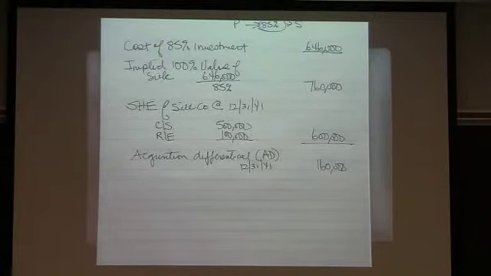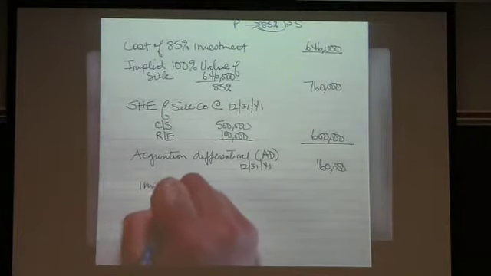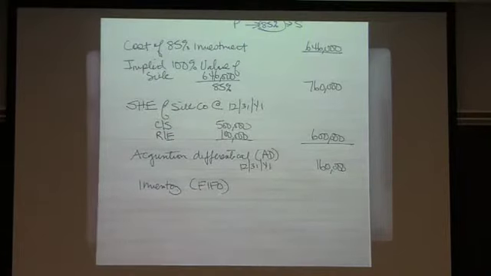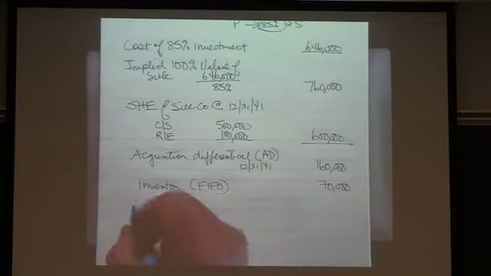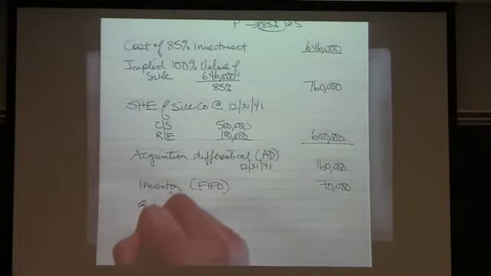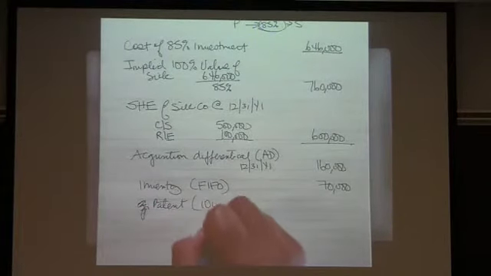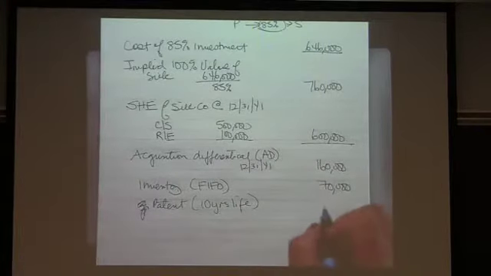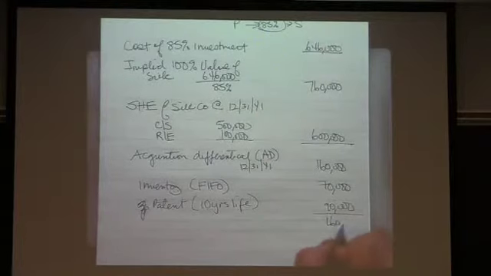So we know that it's allocated to inventory, and we're going to use the FIFO basis, which means that we're going to recognize that acquisition differential of $70,000, and patent is the other asset. And this one has a 10-year remaining life, right? And that's the 90. So altogether, this is the 160.